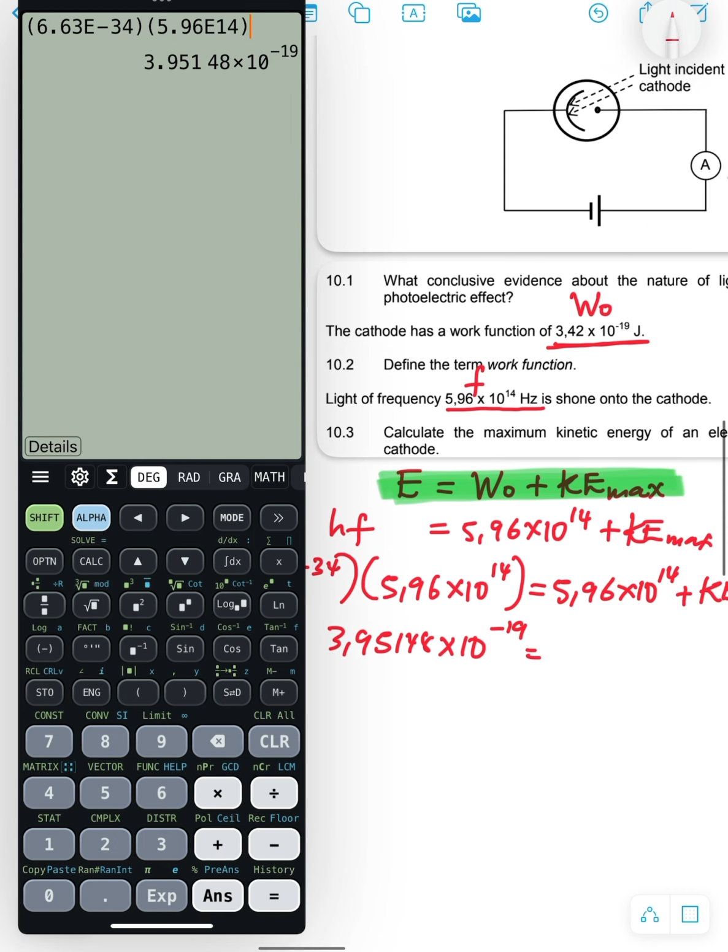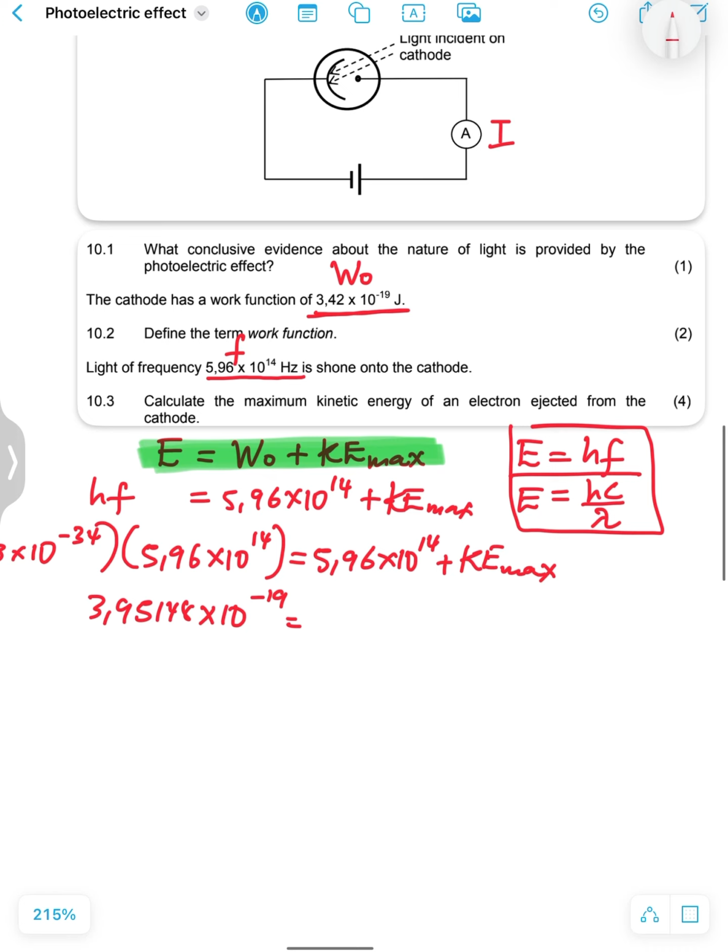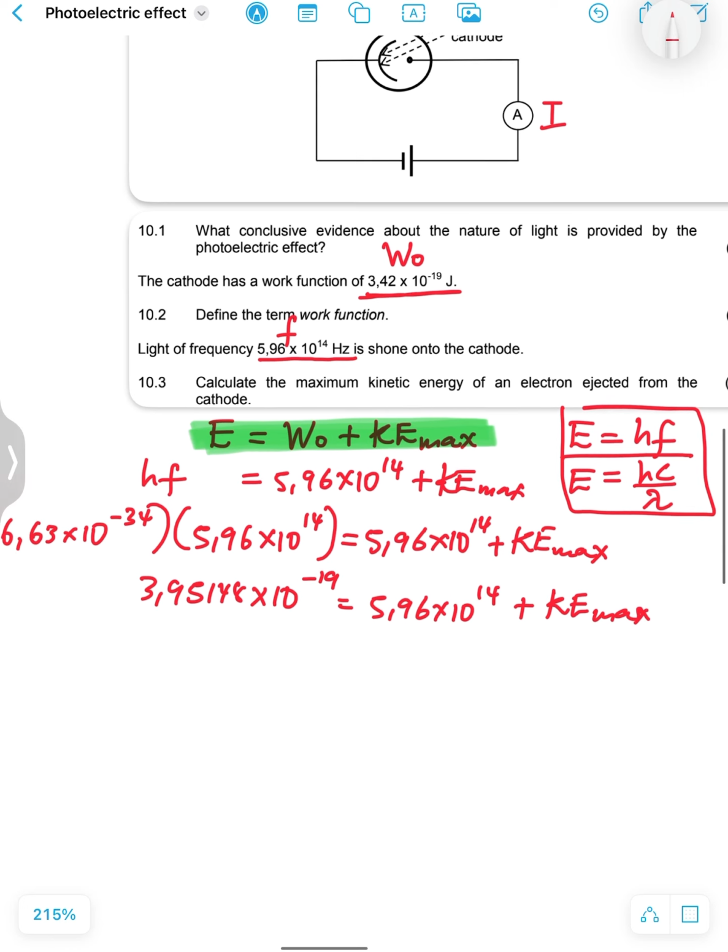When you multiply those two, they give you that as an answer. And then you have the work function plus the maximum kinetic energy of electrons.